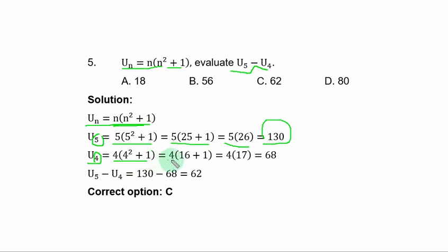That is 4 bracket open, 16 plus 1 bracket close, and you have 4 times 17 equal to 68. So what you are asked to evaluate is simply 130 minus 68, and that is 62. C is the correct option.